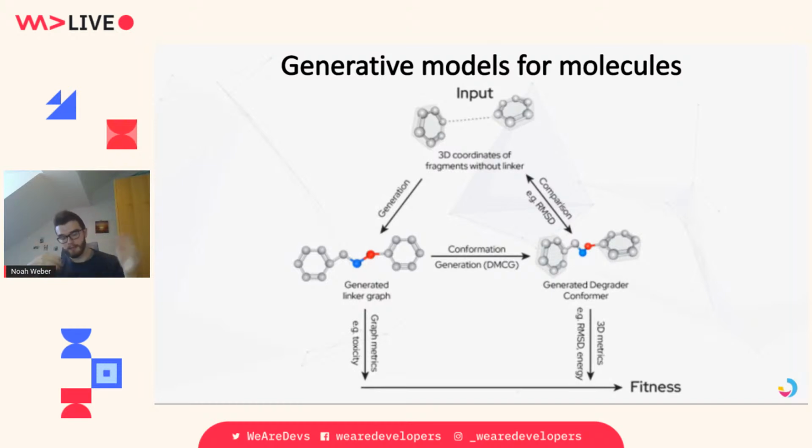These are toxicity and different pharmacokinetic properties. That's on the left side, and on the right side, which all constitutes fitness, we want to make sure that this molecule, the linker, also minimizes the energy or the RMSD between these molecules. Minimizing energy is essential because the lowest energy is what constitutes the best interaction when we put the molecule in between.